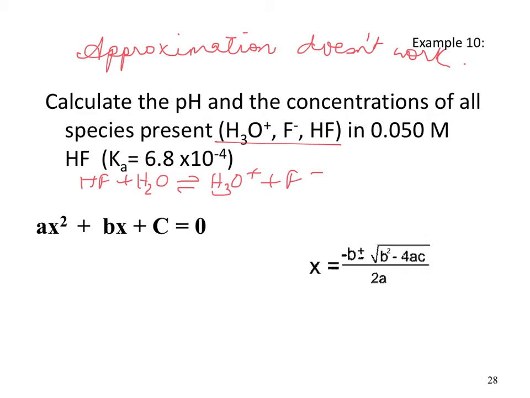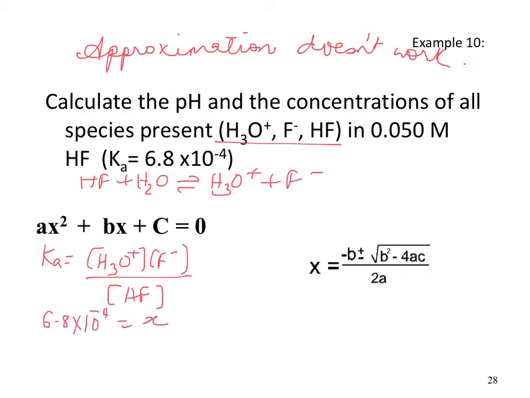So again, you're going to write down the expression of Ka, that is hydronium times F negative divided by HF, equal to Ka. So 6.8 times 10 to the negative 4 is equal to, let's write it in the format of an ICE table, 0.05, 0 and 0.